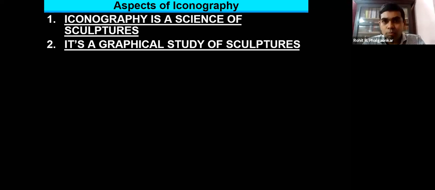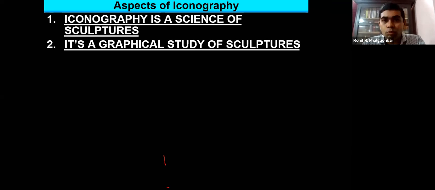And this set of rules says, like, the face should be of this size, the hand should be of this size, and the leg should be of this size. All these graphical measurements are mentioned in various ancient texts. So if you adhere to these graphical measurements, then the sculpture becomes more proportionate.